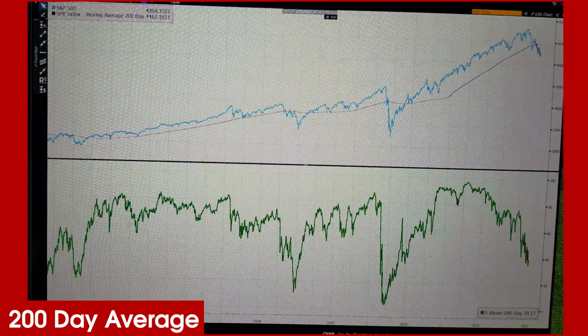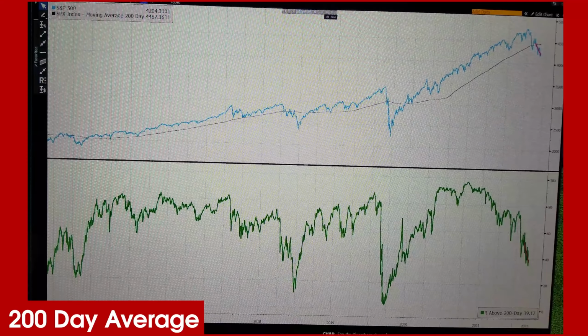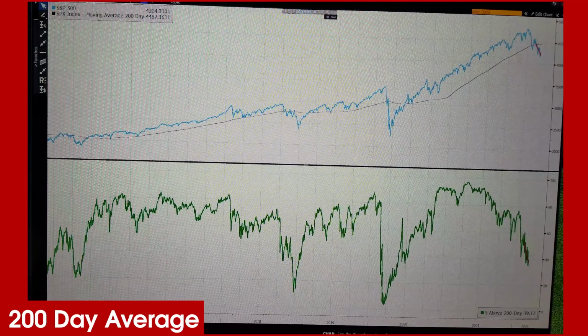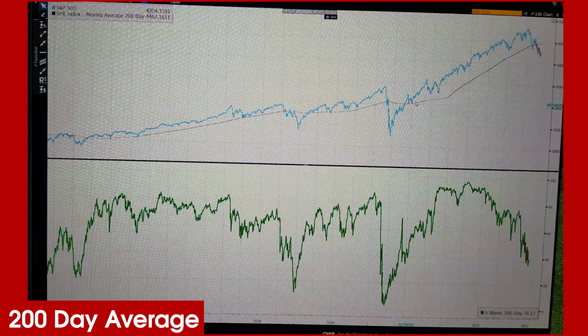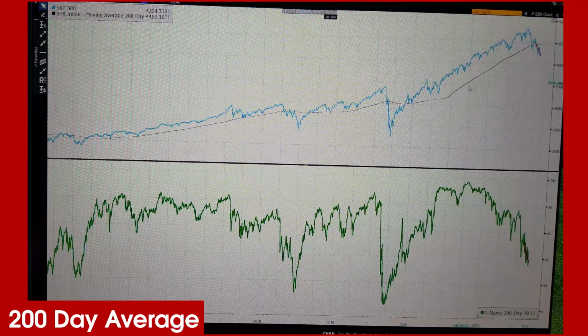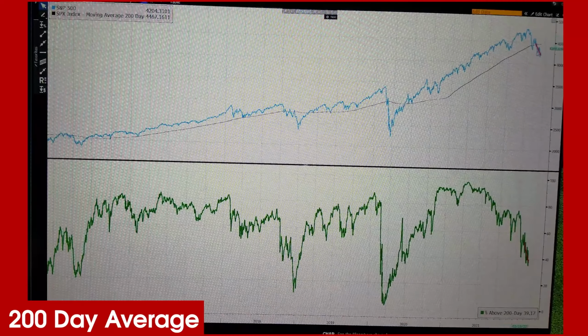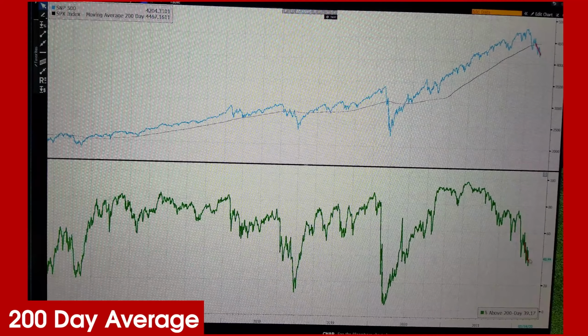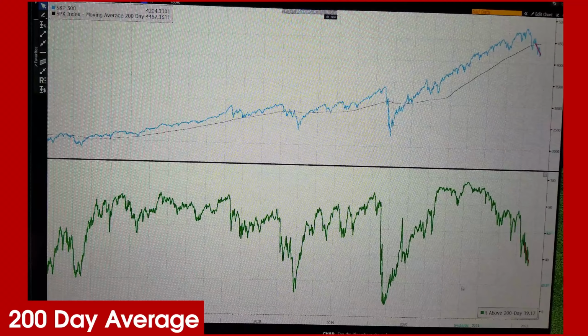Big picture, the 200-day moving average and the percentage of stocks above and below the 200-day average are good breadth measurements. There's your S&P, there's the 200-day average. The little red line there is the trend of the last month, obviously down for both. We use that to look for divergences.